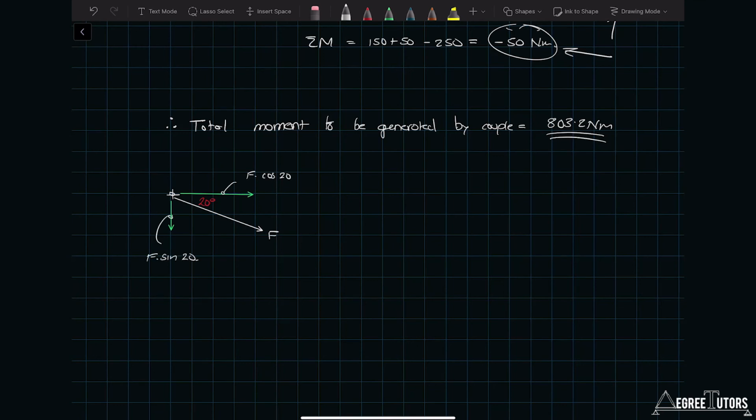And so the combined moment is equal to F times the cosine of 20, that's just the force magnitude times its lever arm of 10, minus F times the sine of 20 times the lever arm of 5. So you've got that minus that, and you evaluate that and you end up with 7.7 F. So that's a moment. Let's just call that MA.